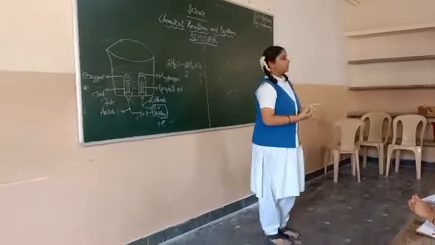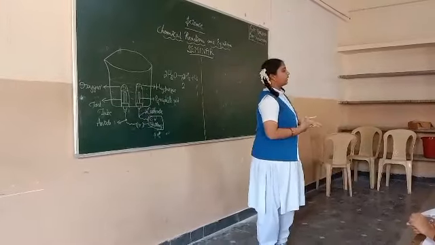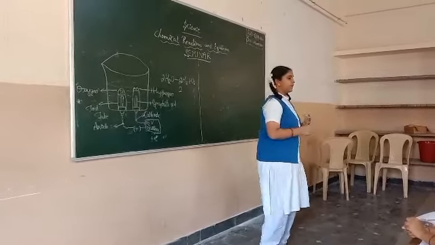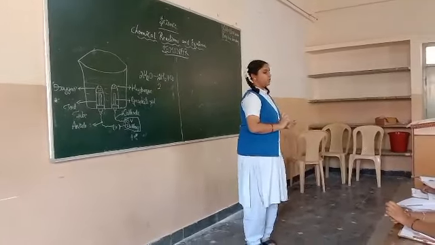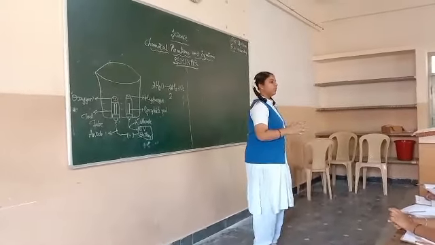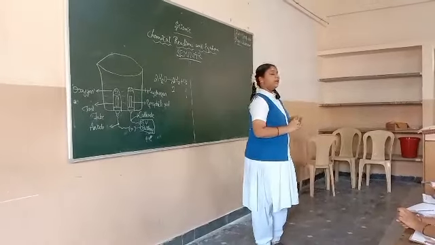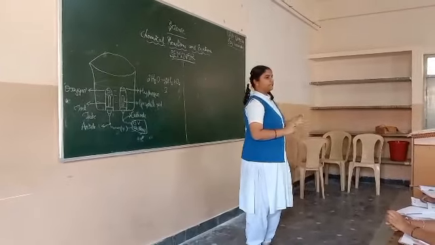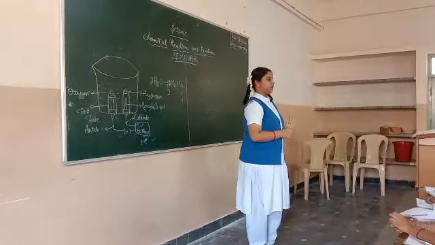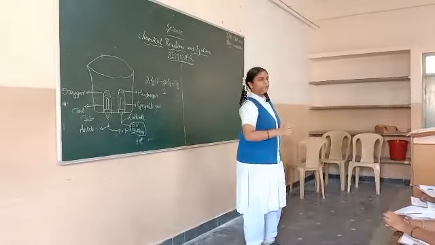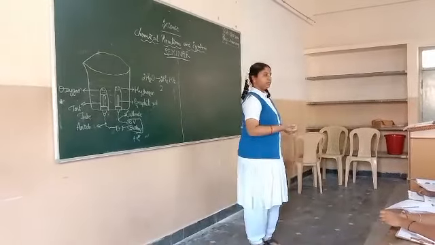Another decomposition reaction is photolytic. This reaction takes place by sunlight. Let me tell you an example. When silver chloride is kept outside in the sunlight, it breaks down to give Ag plus Cl2.